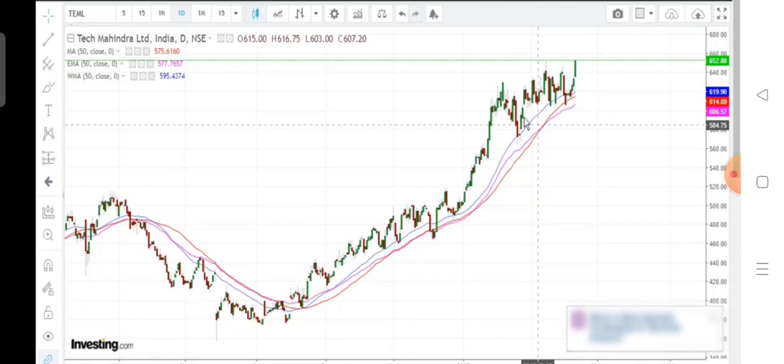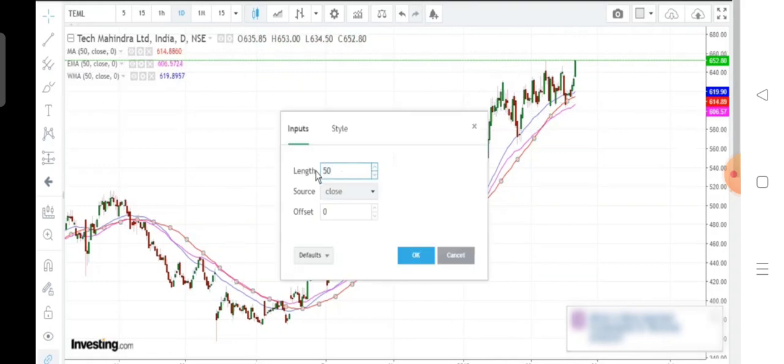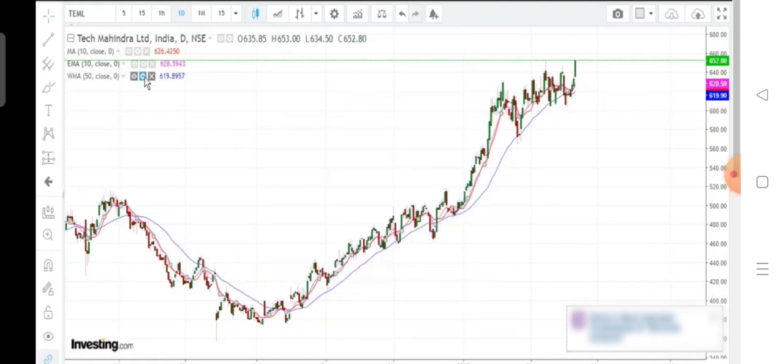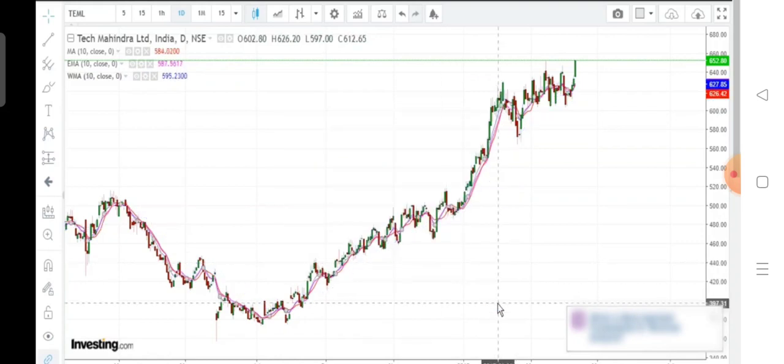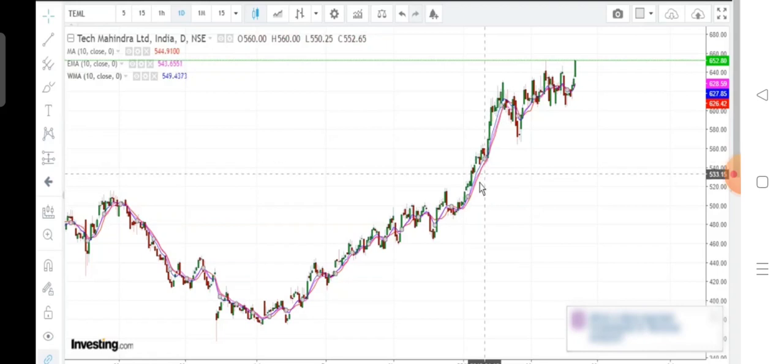Here we are looking at 50 period. See, now we can see the difference. Suppose we are looking at a 10 period. Let me make 10 in each and every case here. We will understand them. So once we make a shorter term moving average, we can see all of them are following almost in tandem.